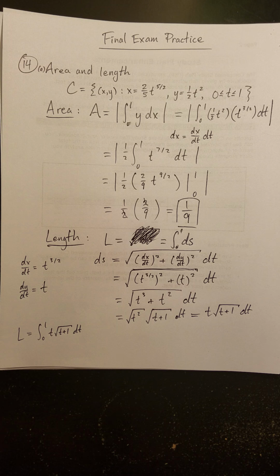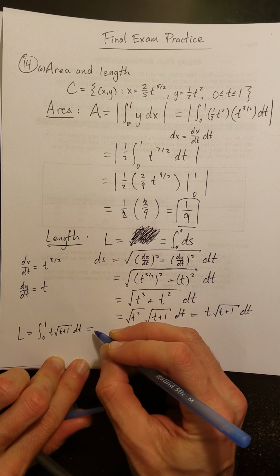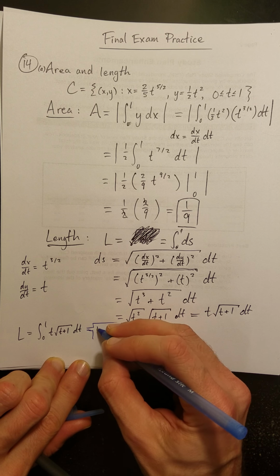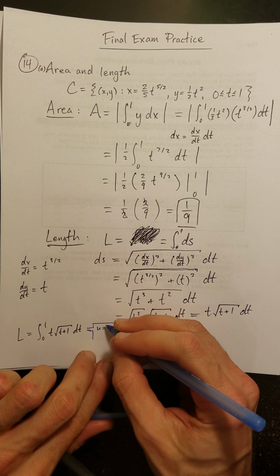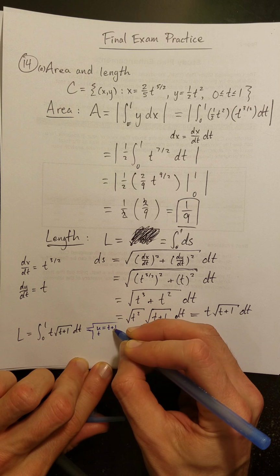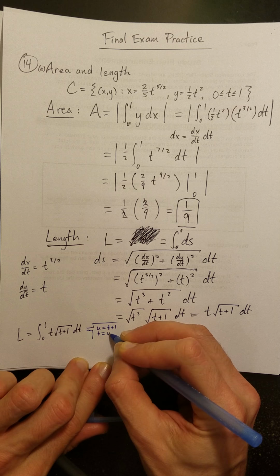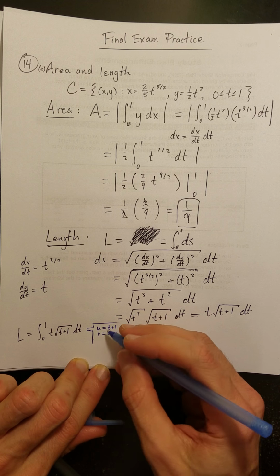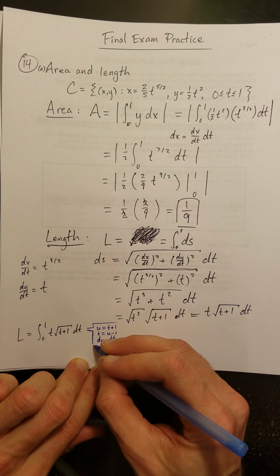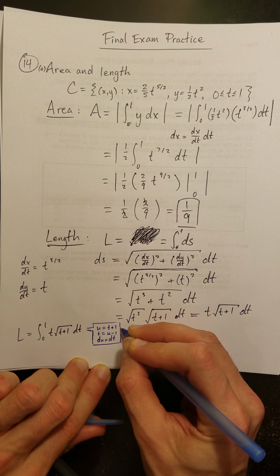And so to compute this integral, I'm going to do a change of variables. I'll do a substitution. So I'll set u equal to t plus 1. In that case, subtracting 1 from both sides, t is equal to u minus 1. So either way, you can see that du is equal to dt. And so I'll go ahead and just make this substitution.